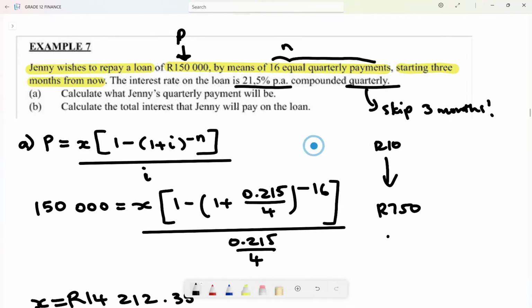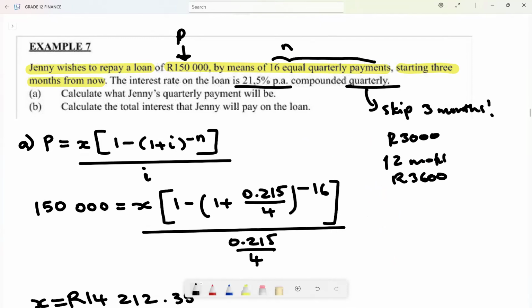So if you can, even when you are buying a phone, just make sure you pay it for 12 months. If your phone was supposed to be worth 3,000, for 12 months you'll see that maybe you will have paid 3,600. But if you increase to 24 months, it will be something like 4,100 when you calculate.